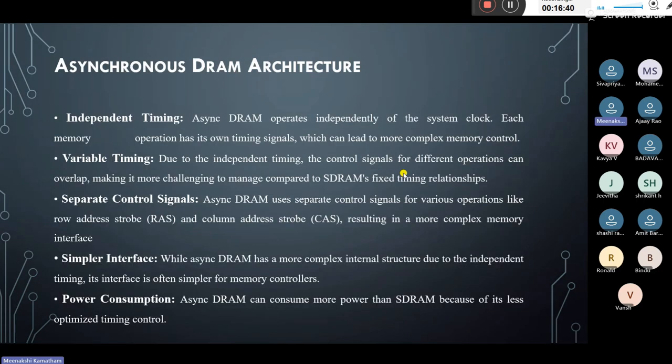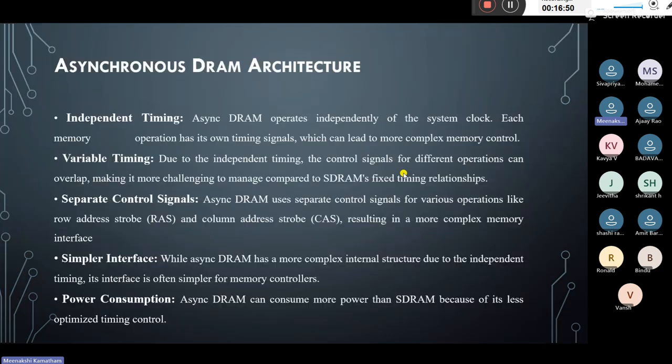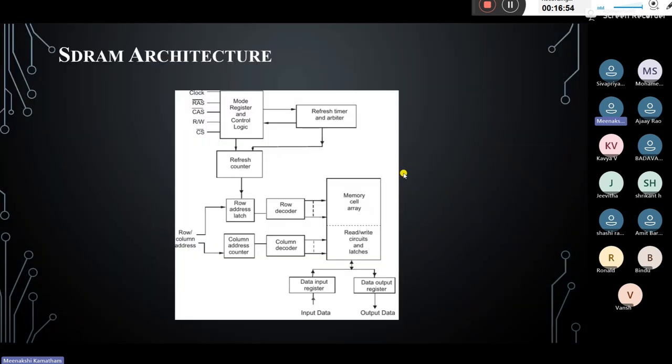Okay, these are the smaller things you just need to get an idea of. So coming to the SDRAM architecture, right now we are done with the asynchronous DRAM architecture. Coming to the synchronous DRAM architecture, how will the internal architecture be? As I discussed, there is the row address decoder and column address decoder.